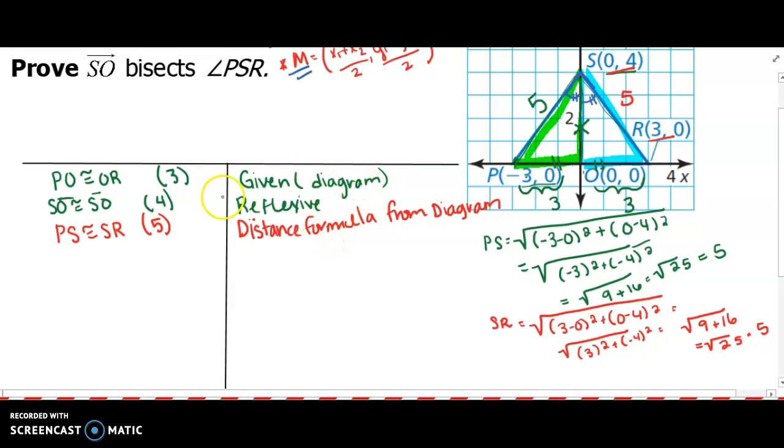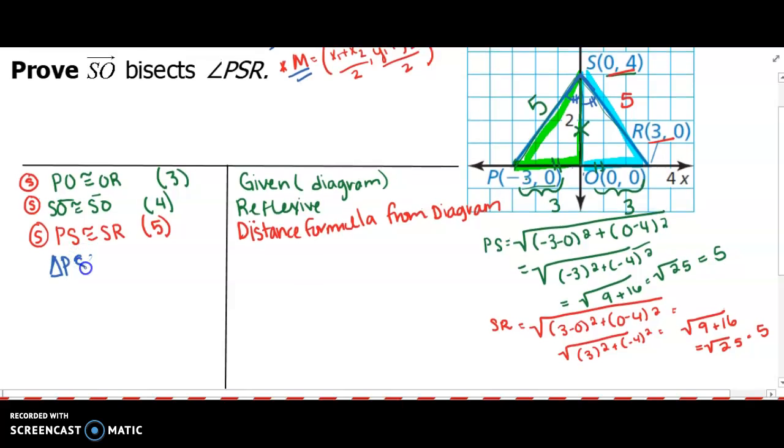So now that I've said this side's congruent, this side's congruent, and this pair of sides congruent, so I can go ahead and say that triangle PSO is congruent to triangle RSO by the side congruence theorem.